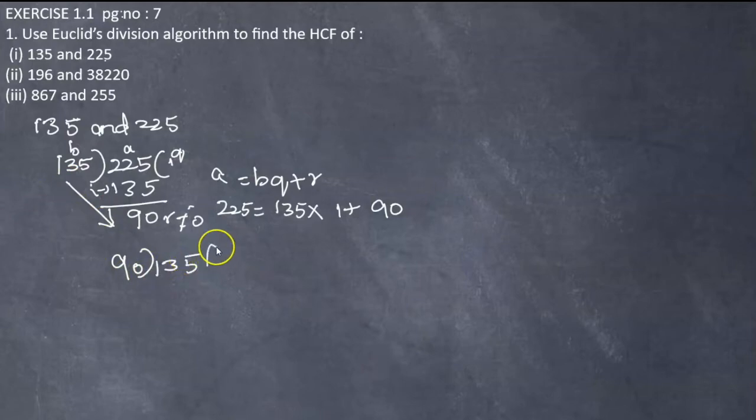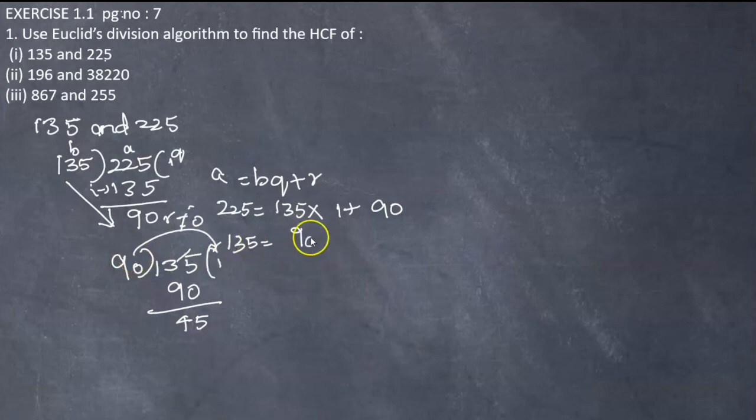So 90, 135, 90 again it will be like 1 time. So 90 and the remaining is 45. So since it is not equal to 0, but before that we have to again write this one. 135 equals 90 into 1 plus the remainder is 45.